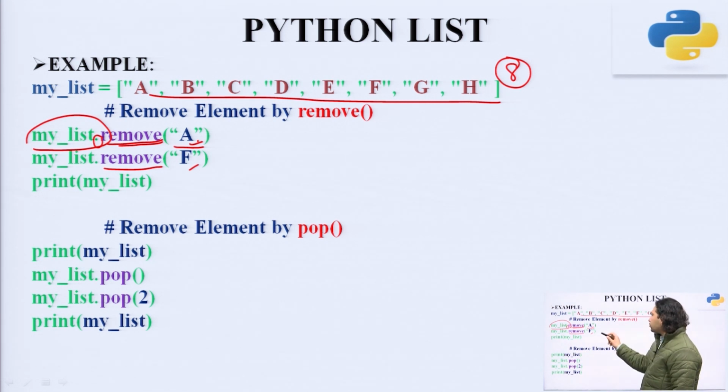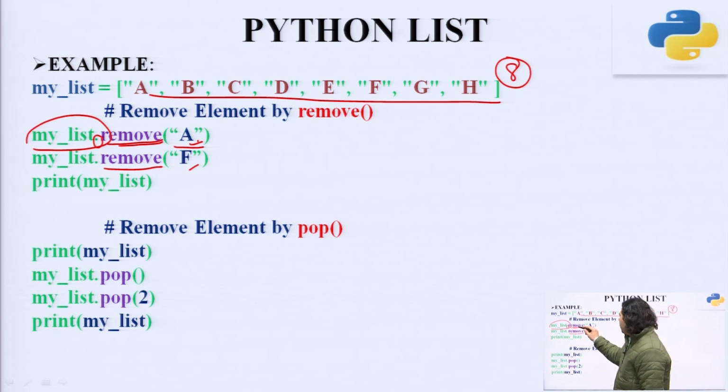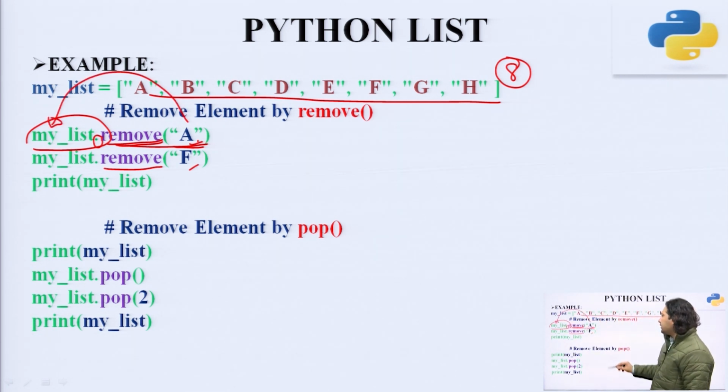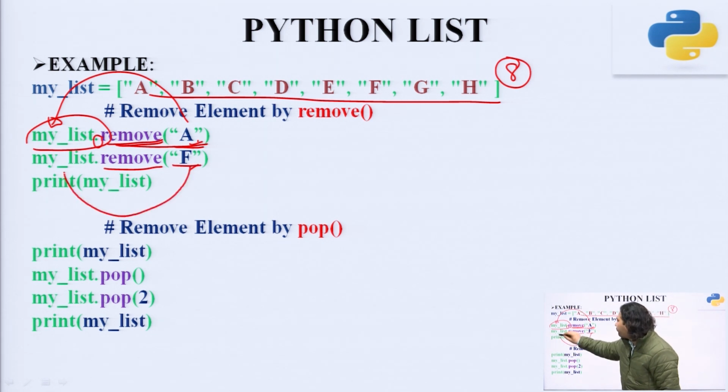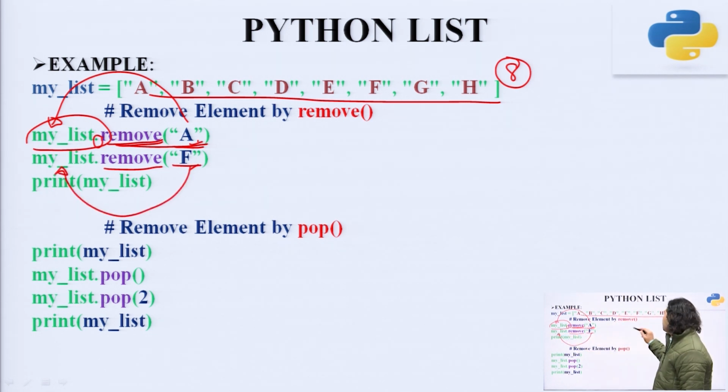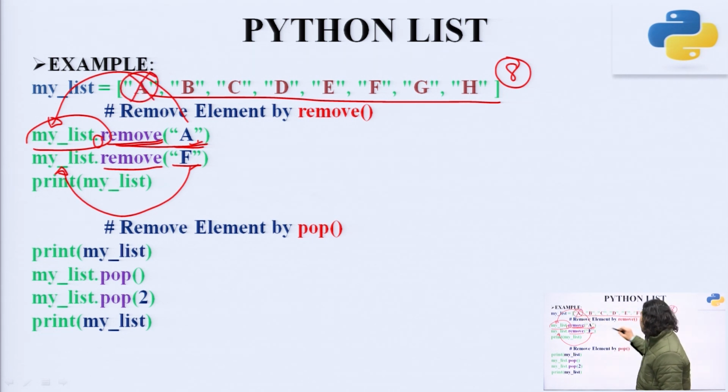followed by some parameters or extra information. So, here we are going to remove A from myList. Similarly, the next one, we are trying to remove F from myList, and you can see in the result that A and F both are removed.